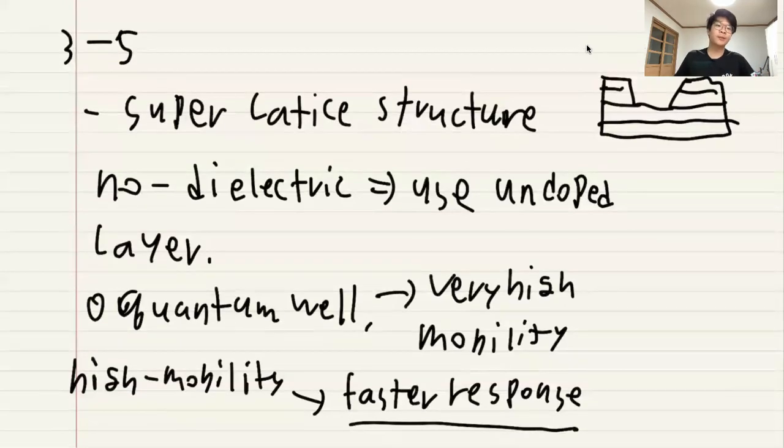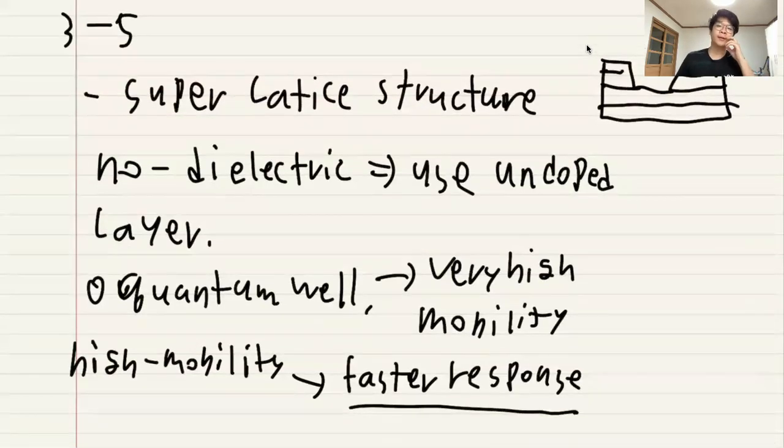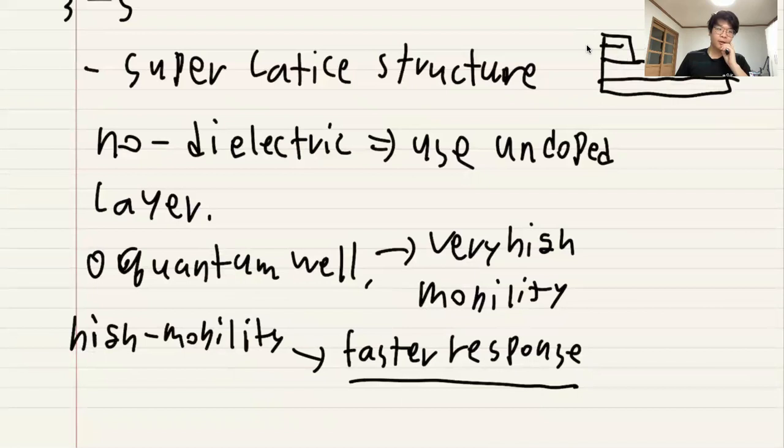By using superlattice structures and not using dielectric, 3-5 materials use a quantum well effect, and also 3-5 materials have very high mobility. So 3-5 devices are used for high performance devices, because high mobility means that electrons can move faster, which means that it has a faster response time.